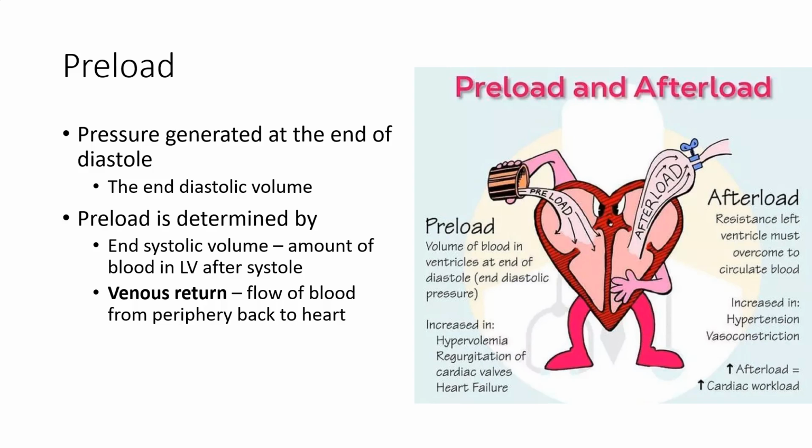Venous return has the largest effect on preload. Venous return is driven by increased blood volume, and so a higher blood volume will lead to an increased venous return. Things that can increase blood volume can include things like aldosterone from the renin-angiotensin-aldosterone system and ADH, antidiuretic hormone.